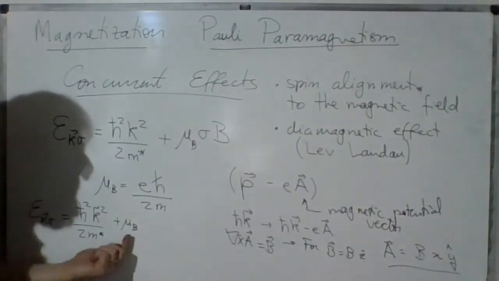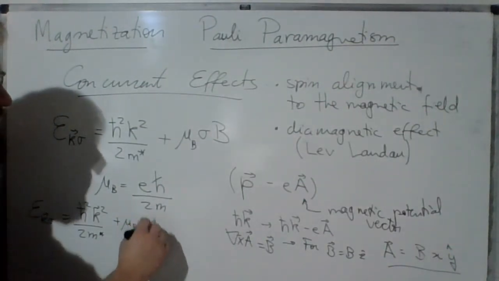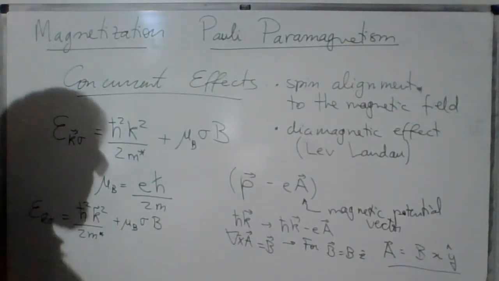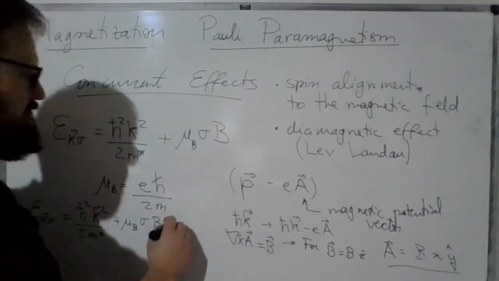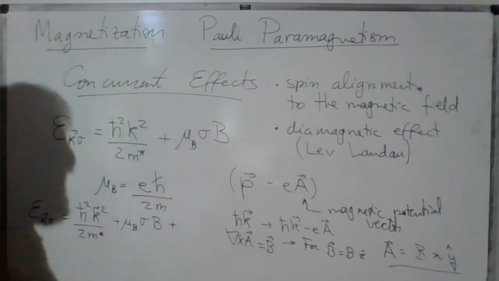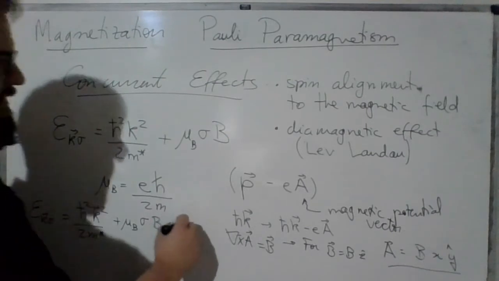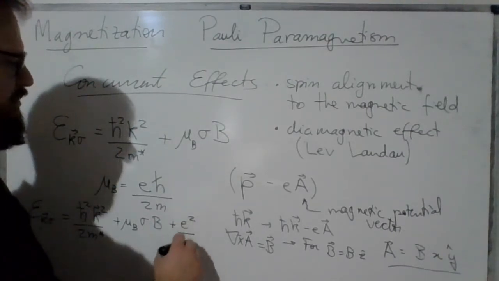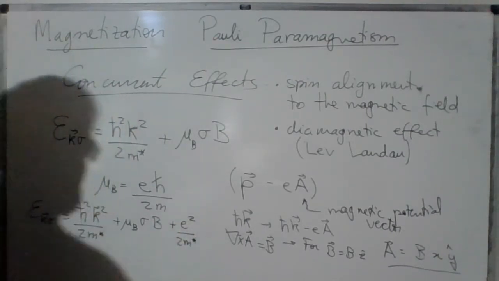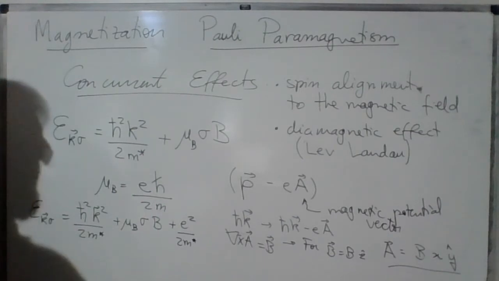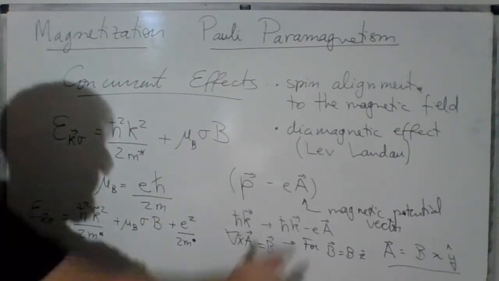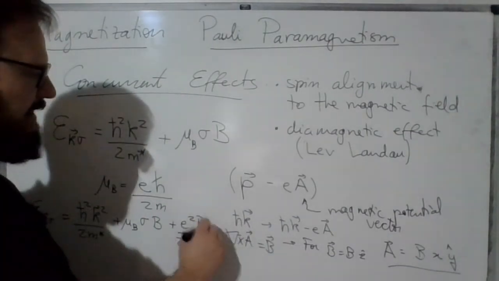You'll have a Bohr magneton, the spin of the particle times B, plus e squared divided by twice the mass, and B x squared.